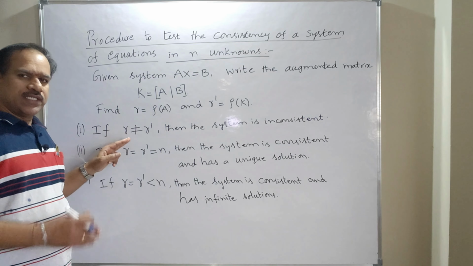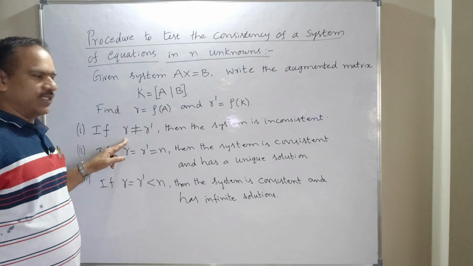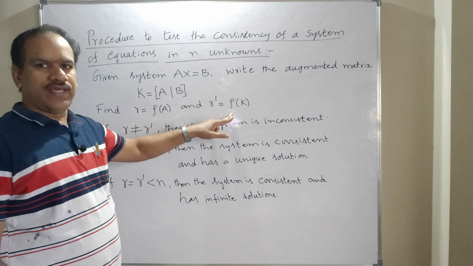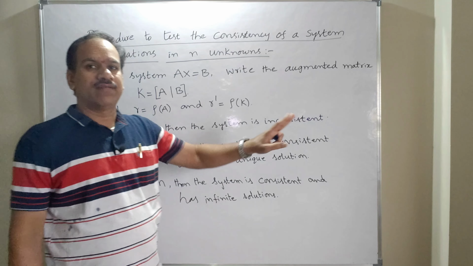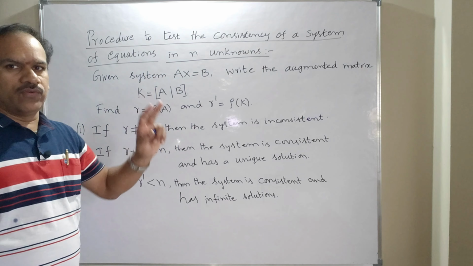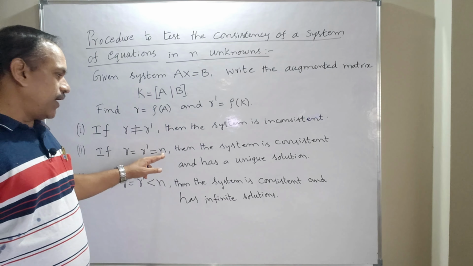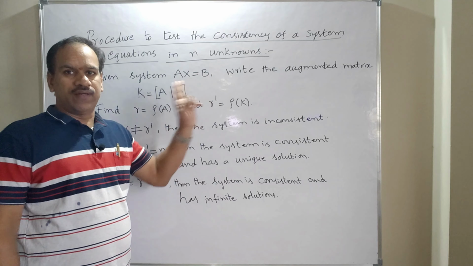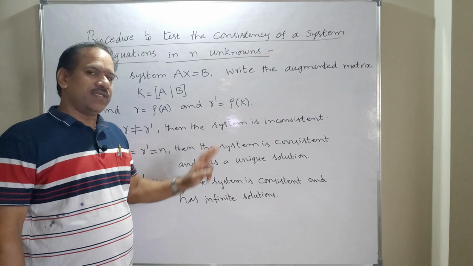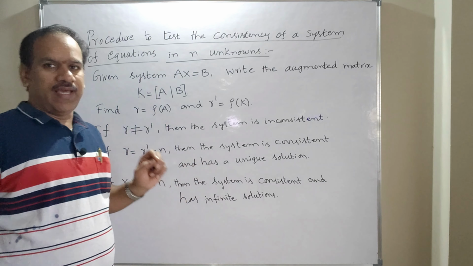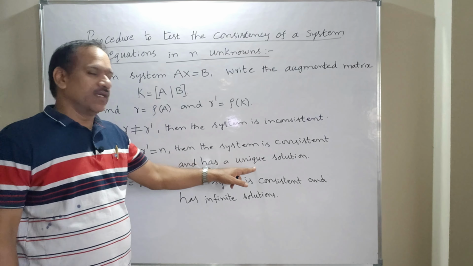So if R is not equal to R dash, rank of A is not equal to rank of K, then the system is inconsistent. The system has no solution. If R equal to R dash and also equal to n, number of unknowns, then the system is consistent. That means it has a solution, and the solution is unique.